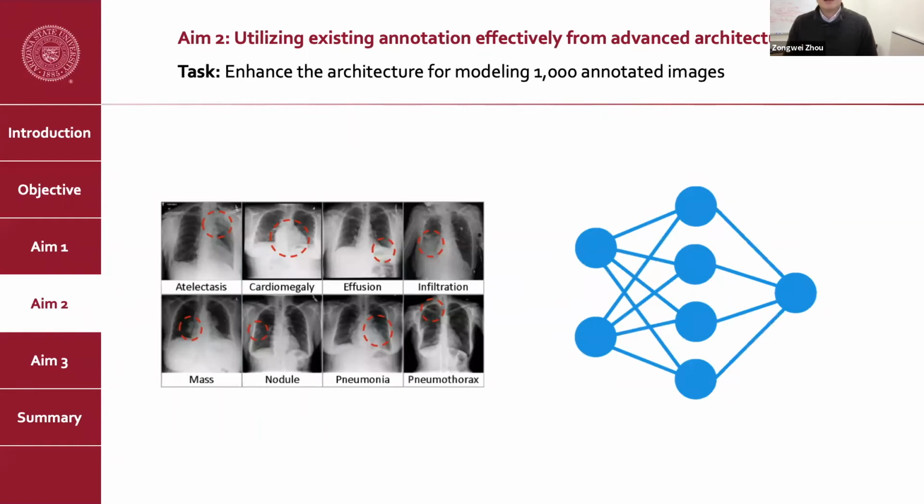After collecting a certain amount of annotation, my second aim is to develop advanced deep neural network architecture. This is important because a better model architecture can lead to higher performance in disease classification, segmentation, and detection.